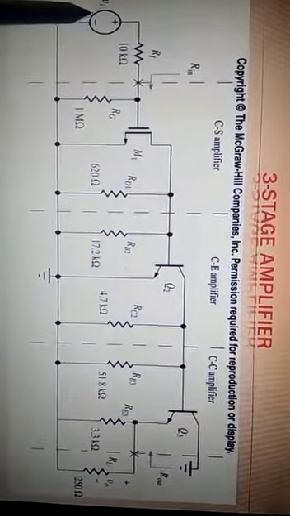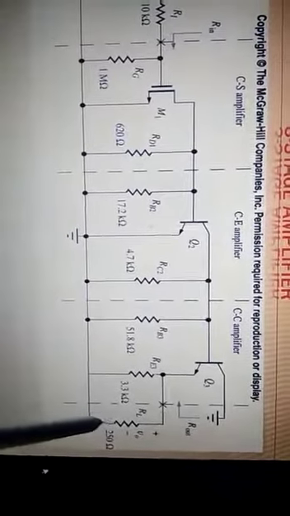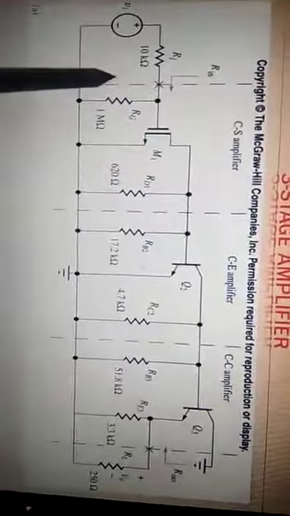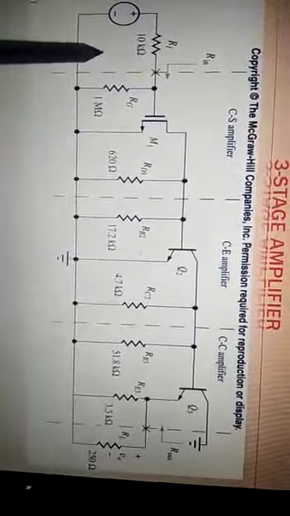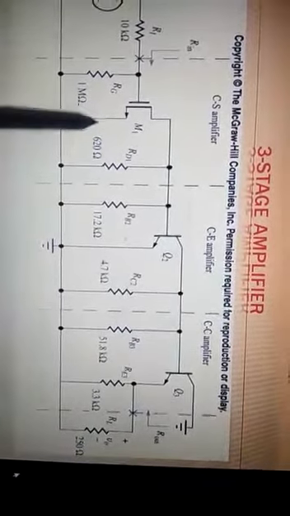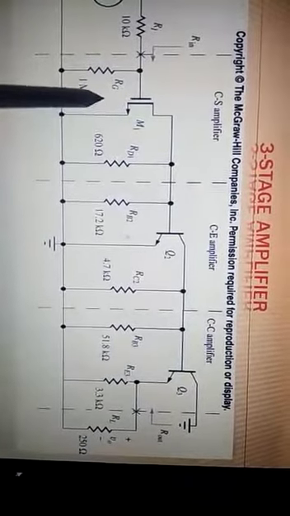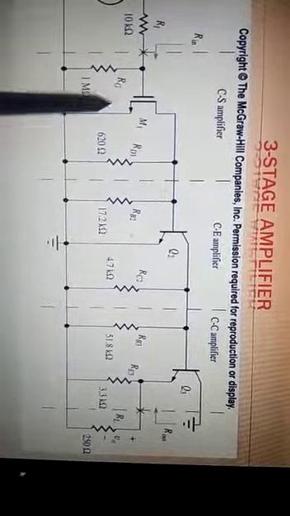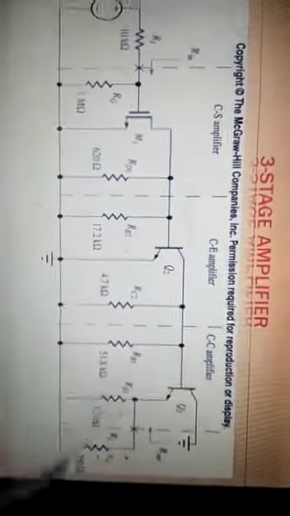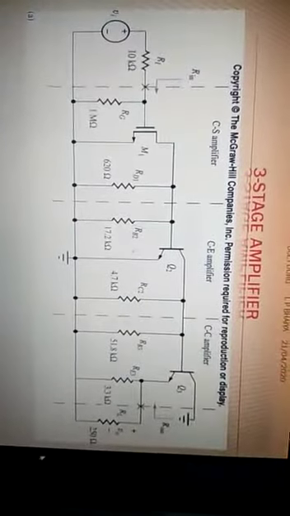This is the source resistance and source input, and this is the load resistance and output. So more than two stages we can connect also, and different transistors can also be connected in the multi-stage amplifier.